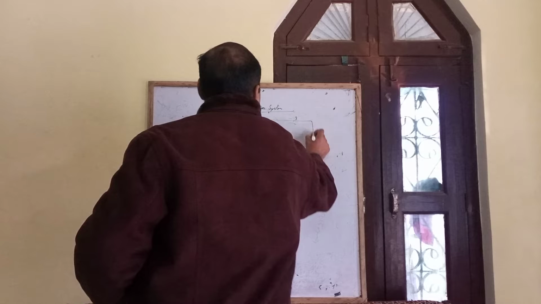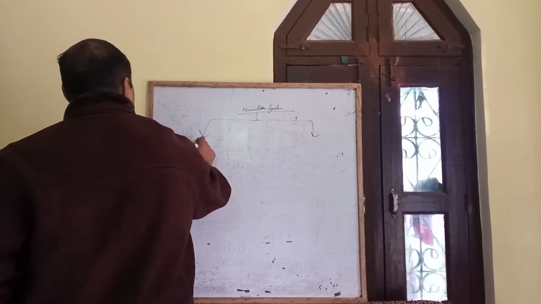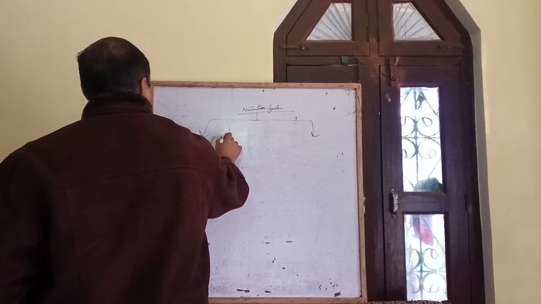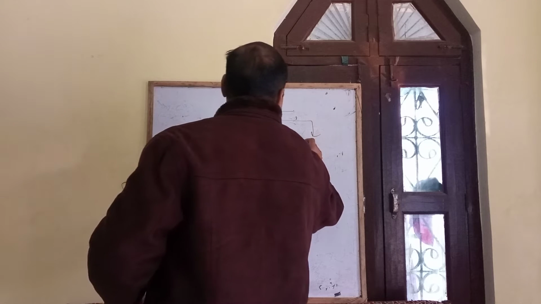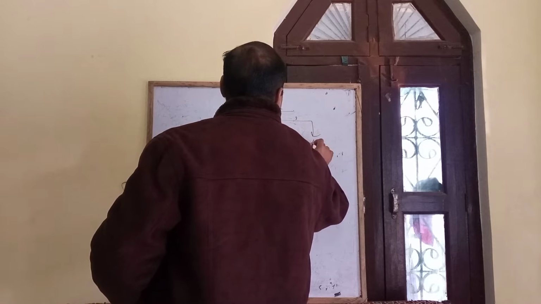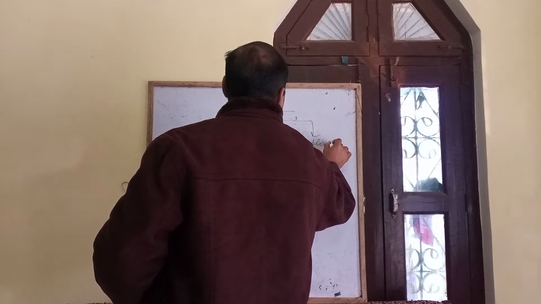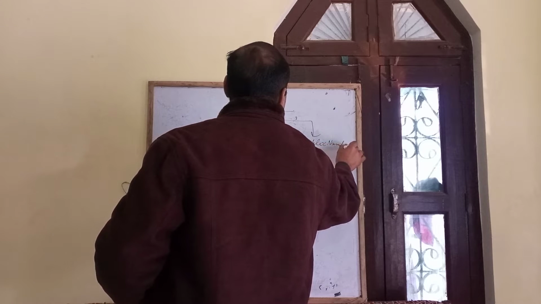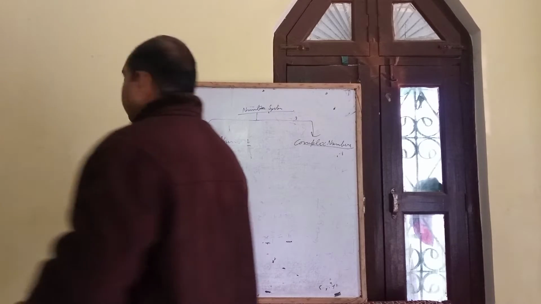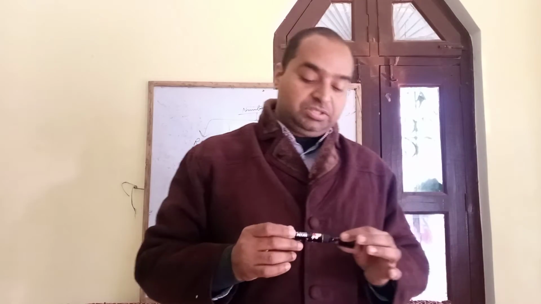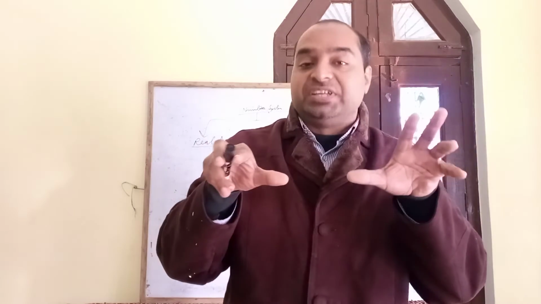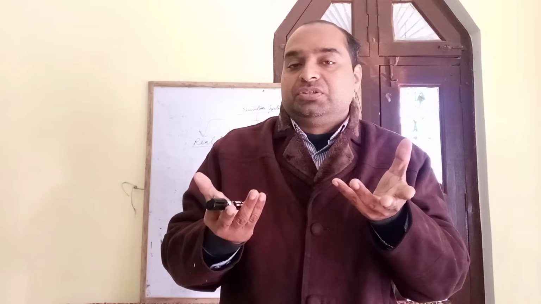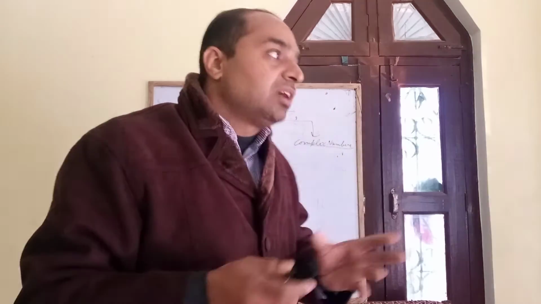These two broad types are, first, real numbers, and the second one is complex numbers.